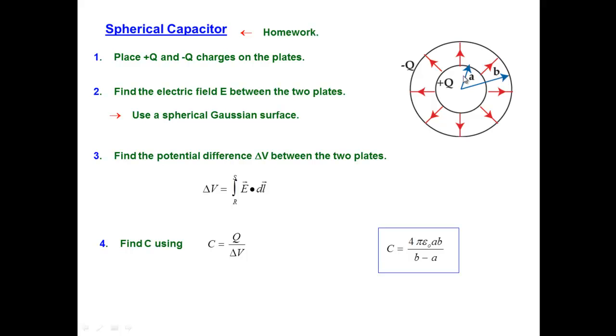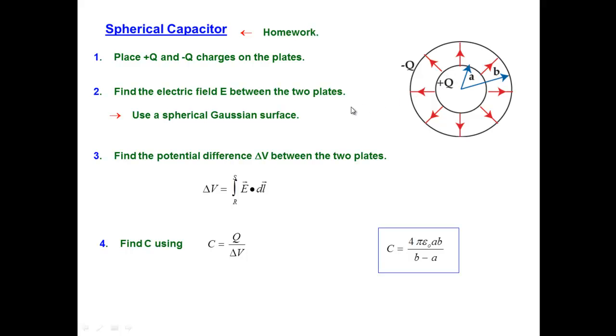So A and B are the radii. That's part of the geometry. We place a plus and minus Q on the plates, and by placing a plus Q on the inside, that guarantees that the electric field will be radially outward in the region in between the conducting shells. That's just handy to have. It doesn't really affect the result, but putting it that way means that the electric field vectors will be radially outward.